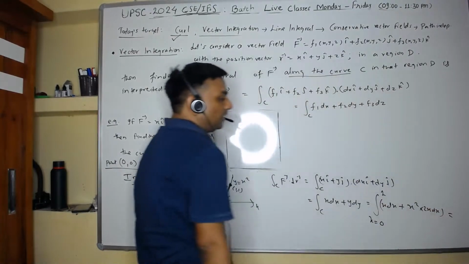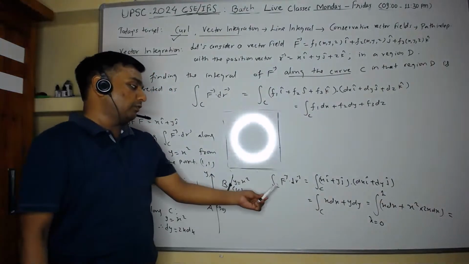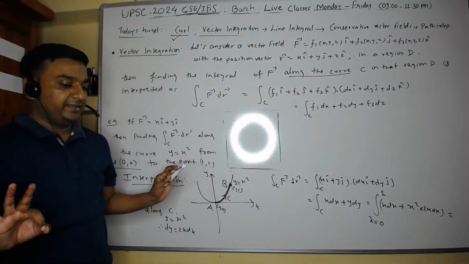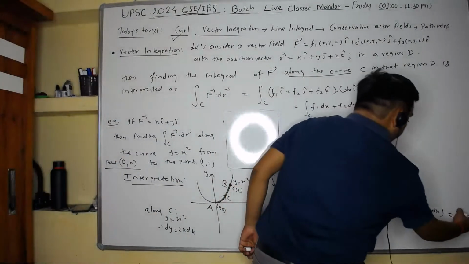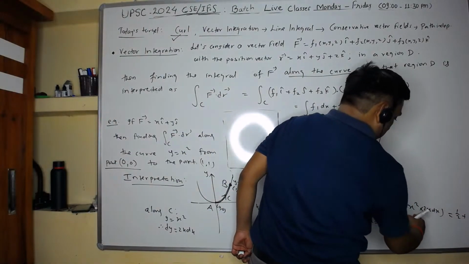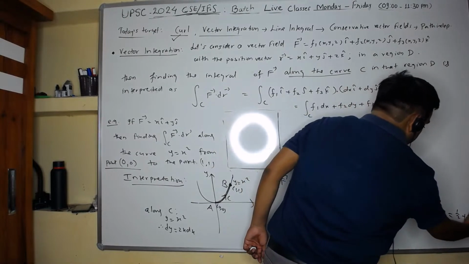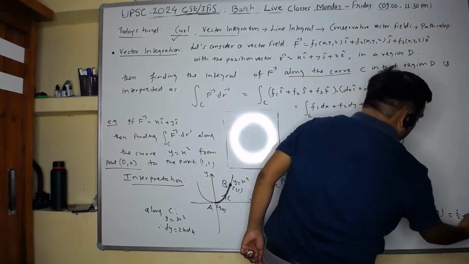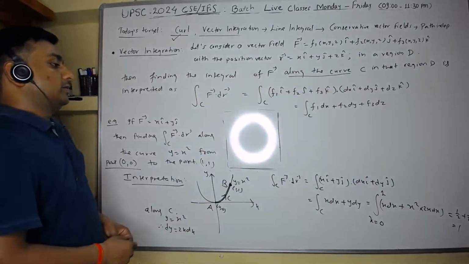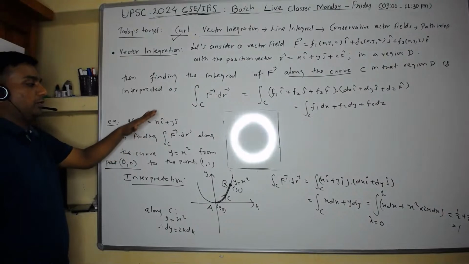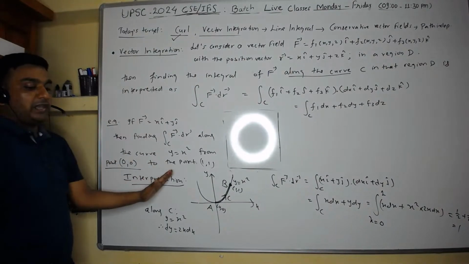Whatever value you get will be the value of this integral. So that is x squared by 2 plus 2x cubed, that is x to the power 4 by 4, giving 1 by 2 in total. Please note down, this is the meaning of line integral.